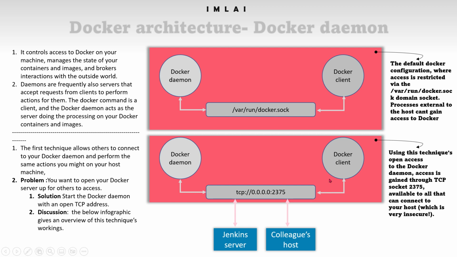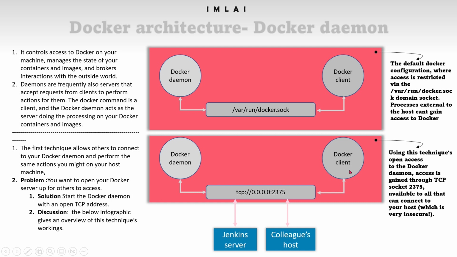And the second part, so the Docker client remains the same in our host machine. The Docker daemon remains the same in our host machine, but the Docker daemon will get requests from the Jenkins server this time. It's not from the Docker client.